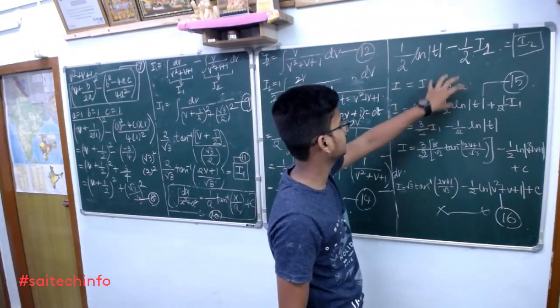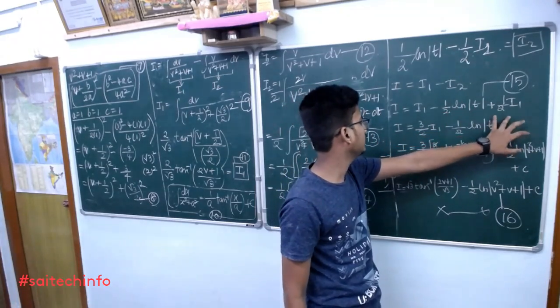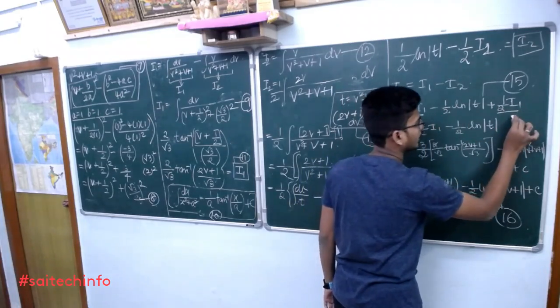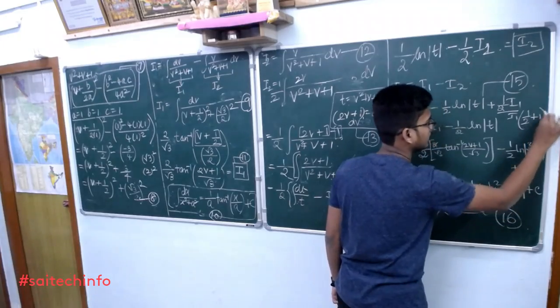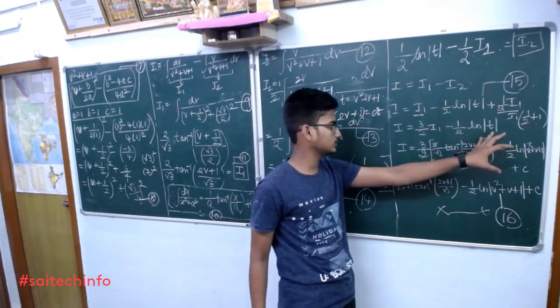So it becomes I1 minus, substituting I2 here, minus half natural log of modulus of t plus half I1. Grouping I1 and half I1, taking I1 in common, 1 plus 1 by 2, that is 3 by 2 I1 minus half natural log of modulus of t.